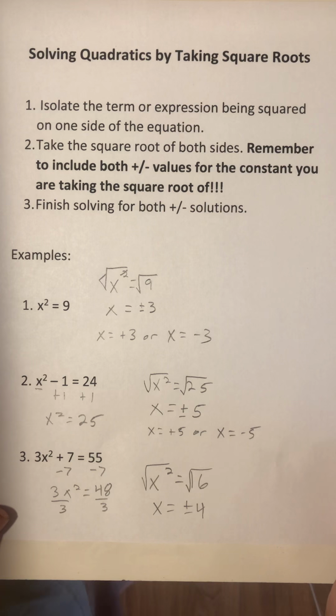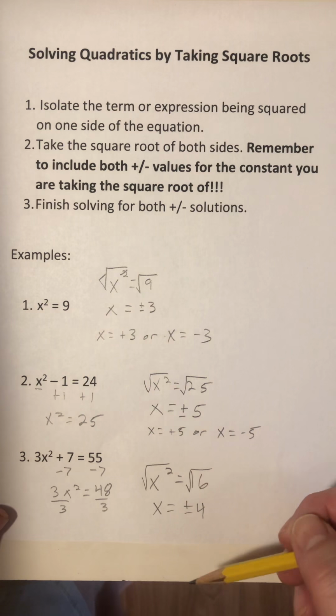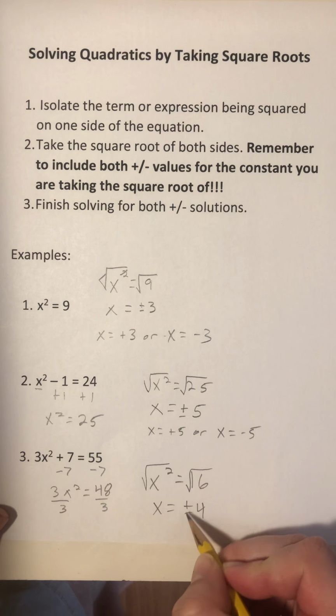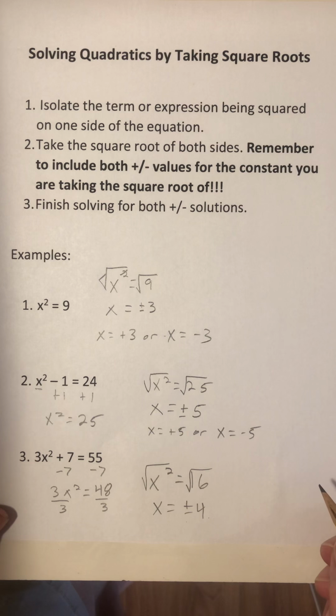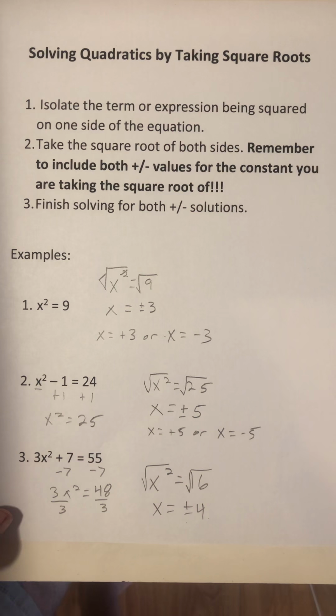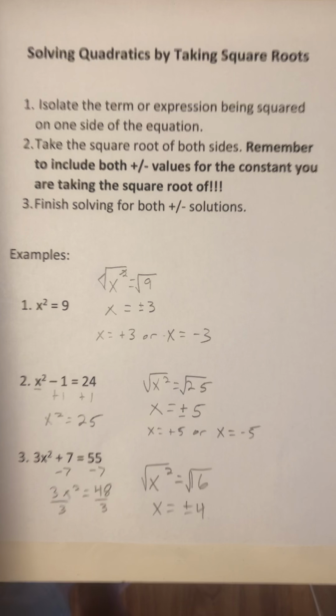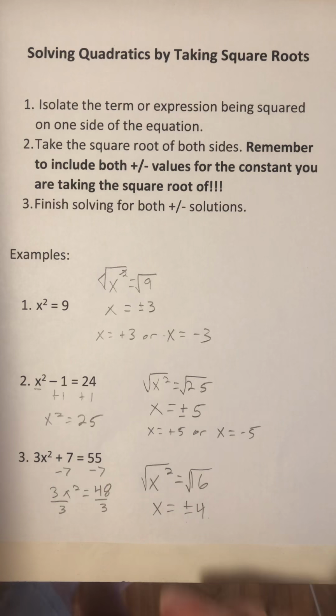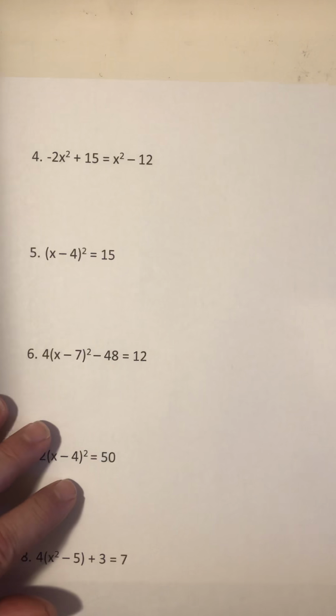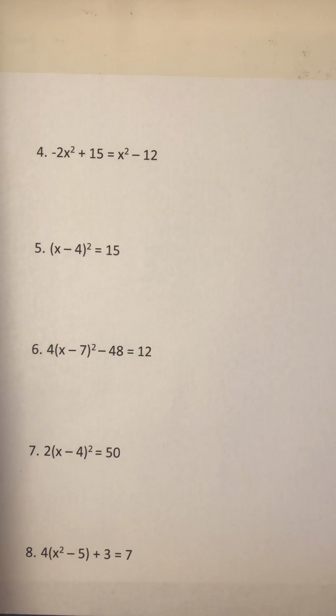You don't always have to write them out separately the way I did up here, positive 5 or negative 5, positive 3 or negative 3. A lot of times you can just leave that plus or minus 4 sign there like that. Okay? Let's look at one more example like this where you've just got to isolate the variable. It's going to be our fourth example here. So I've got negative 2x squared plus 15 equals x squared minus 12.